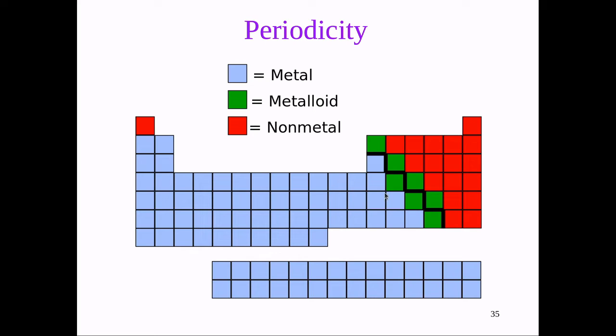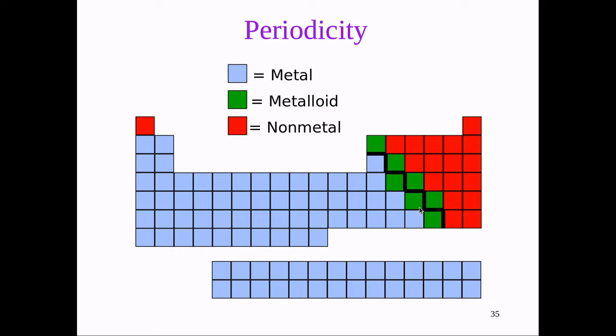So the first thing we're going to do with the periodic table is, there's a lot of information packed into it, and we basically just keep breaking it down into smaller and smaller groups and talking about their properties. So the big three, the largest groups we can group them into, are metals, metalloids, and nonmetals.